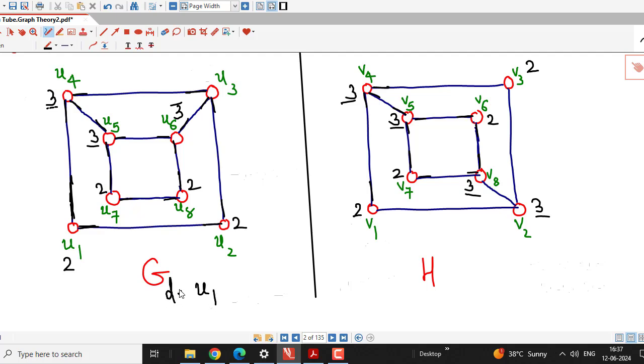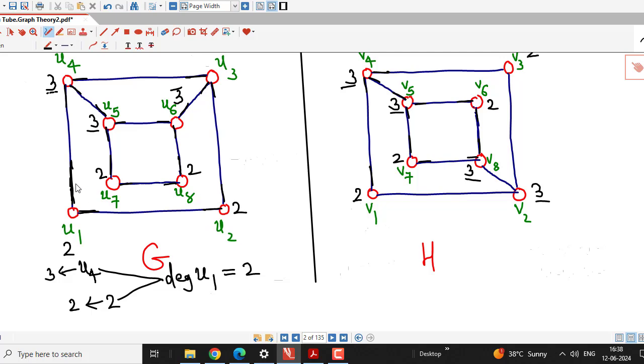Then degree of U1 is 2, and U1 is adjacent with U4 and U2, and degree of U4 is 3 and degree of U2 is 2. That means in graph G, vertex U1 is of degree 2 and it is adjacent with two vertices, U2 and U4, such that degree of U2 is 2 and degree of U4 is 3.